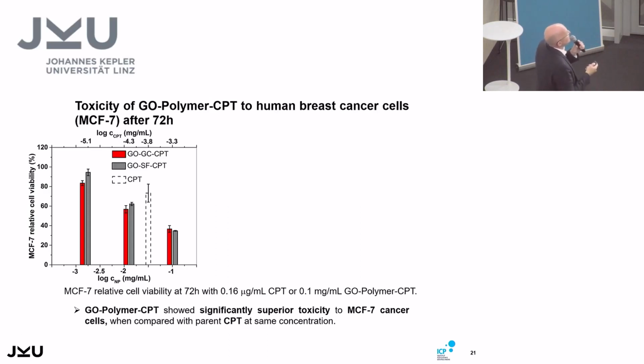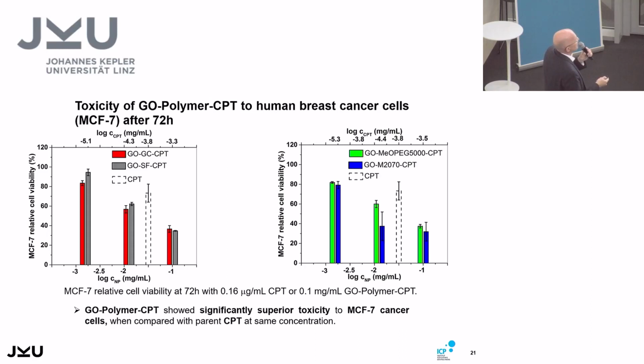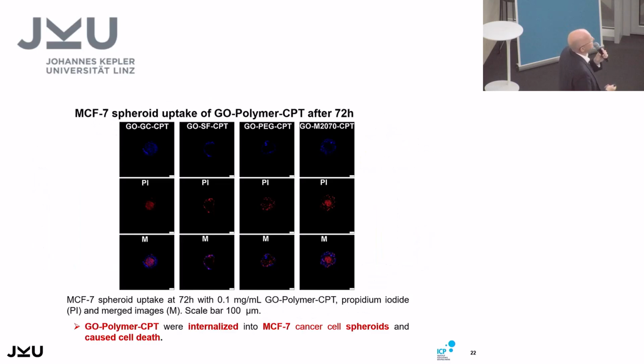And it seems to be more efficient than using the pure, non-linked CPT in its pure form, so to speak. So significantly superior toxicity when using these kinds of composites with polymers, GO as a base, as I said, in comparison with the pure CPT.